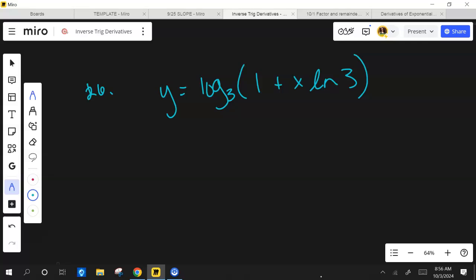Yep, find the derivative. All right, did y'all get it?